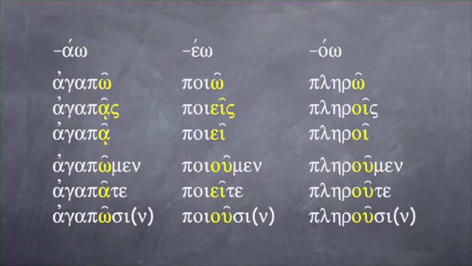Or in other words, could poi- be an alpha contract verb? Well, no. If it were poiao, the alpha and omicron would have contracted to an omega. So it can't be an alpha contract. Could it be an epsilon contract? Yes. Could it be an omicron contract? Yes.